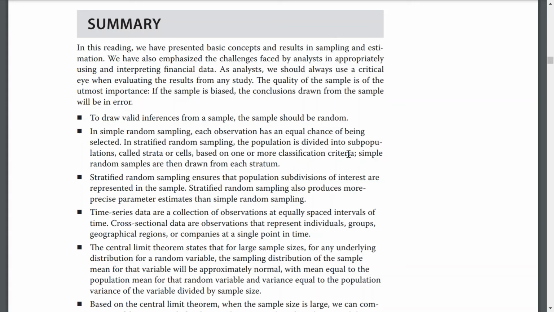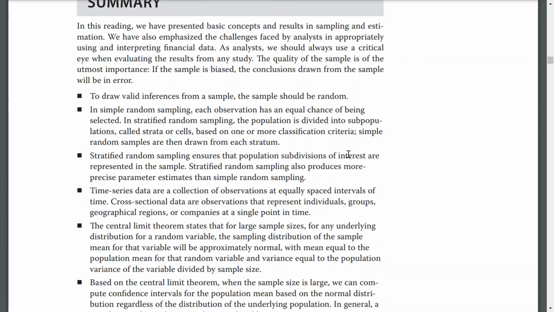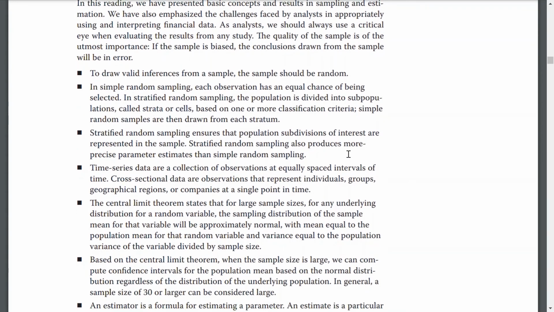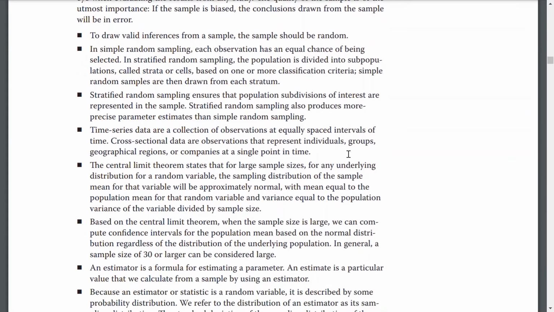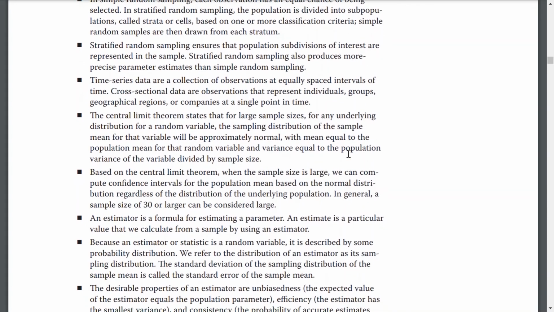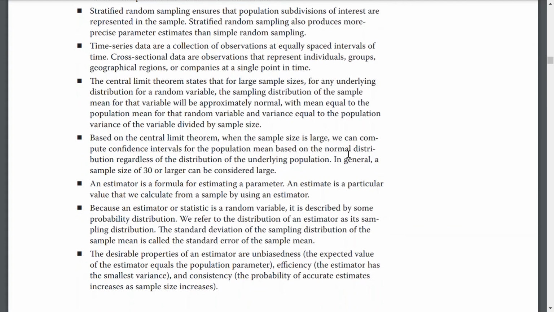In stratified random sampling, the population is divided into subpopulations called strata or cells, based on one or more classification criteria. Simple random samples are then drawn from each stratum. Stratified random sampling ensures that population subdivisions of interest are represented in the sample.